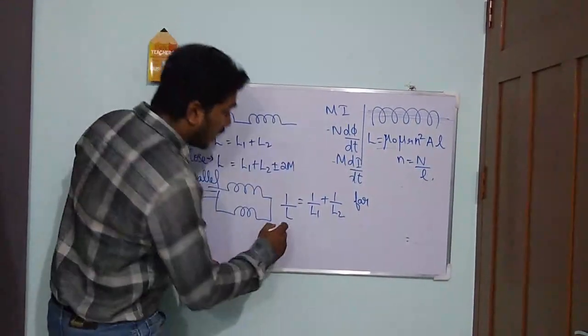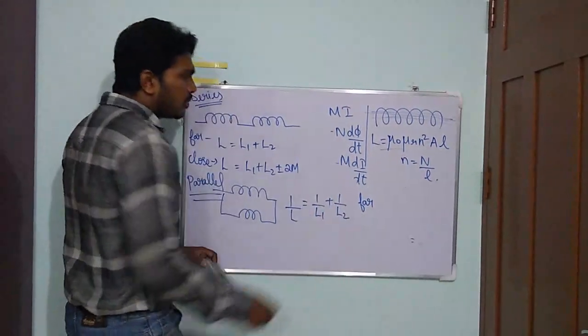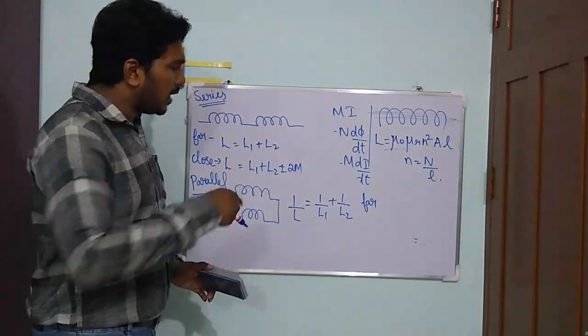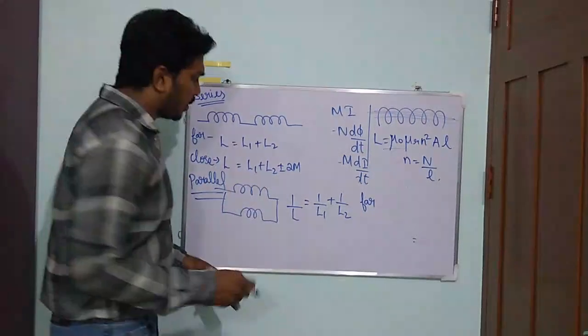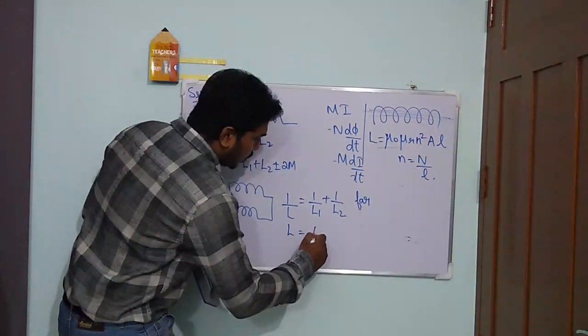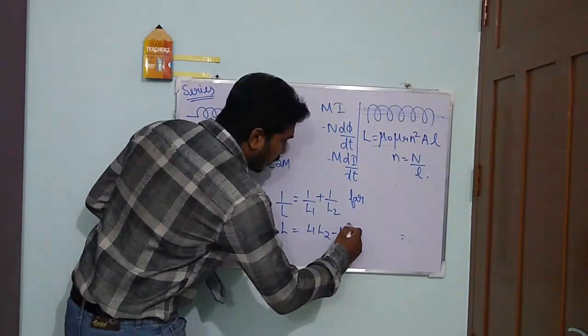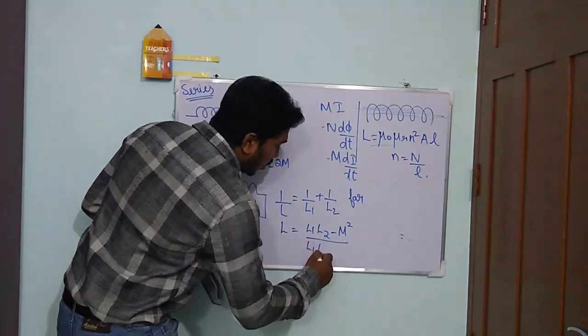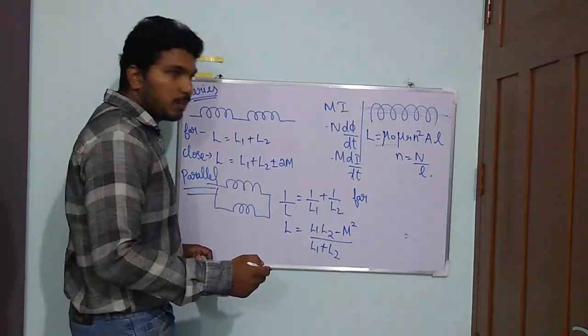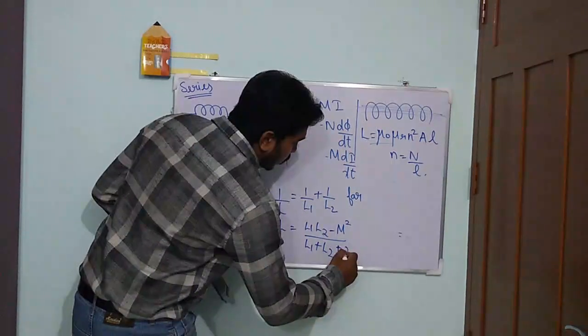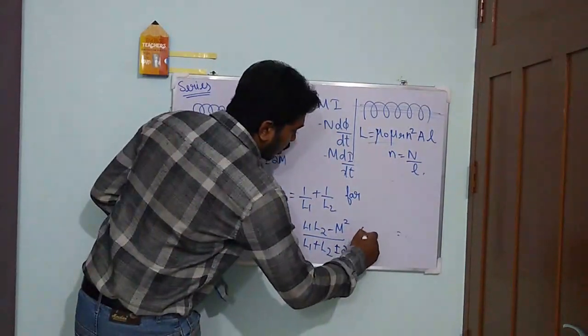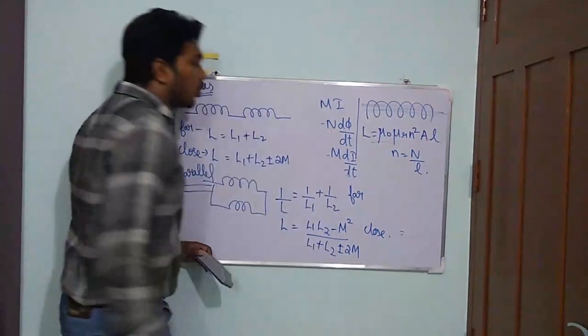When they are close by, when you simplify this, what you get is L = L1 L2 / (L1 + L2). So L = (L1 L2 minus M square) divided by (L1 + L2 plus or minus 2M) when they are close. So please do remember this.